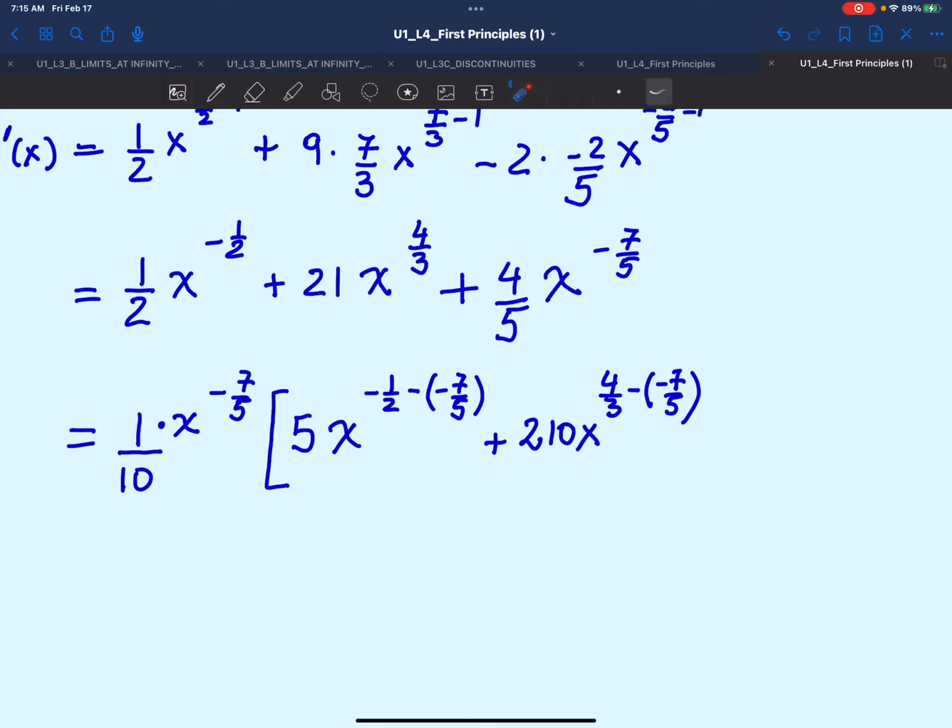Sorry, where are we going here? So 4 over 5 divided by 1 over 10 would be equal to 4 over 5 times 10 over 1. So that would be 10 over 5 equals 2. So that's an 8. x to the negative 7 over 5 is all out.